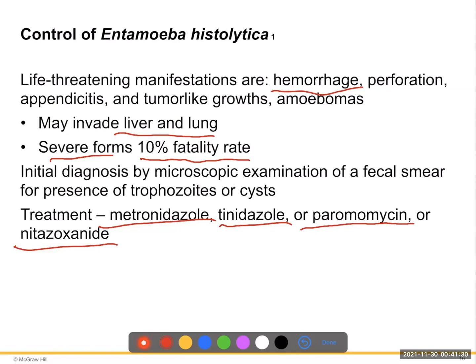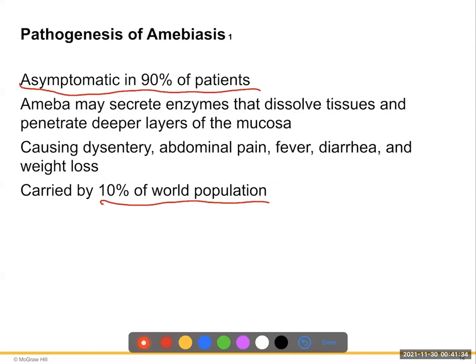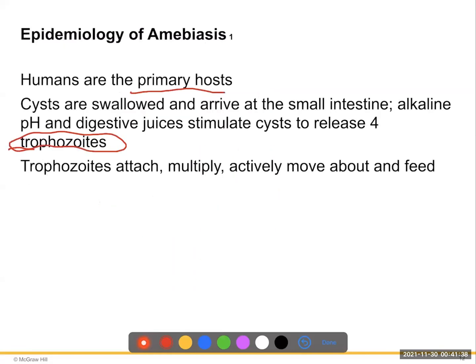Here we go. The cysts are swallowed and arrive at the small intestine. In the small intestine, the alkaline pH stimulates cysts to release the trophozoite in that area. That's where they attach. So they invade into the small intestine.